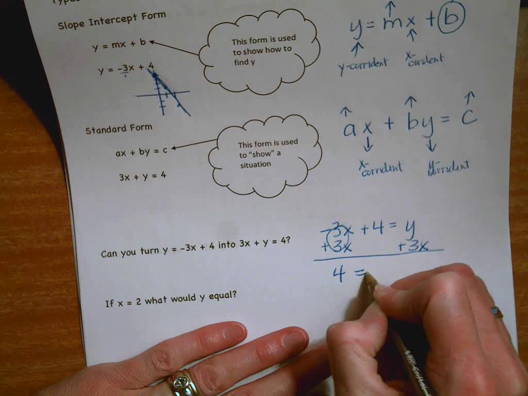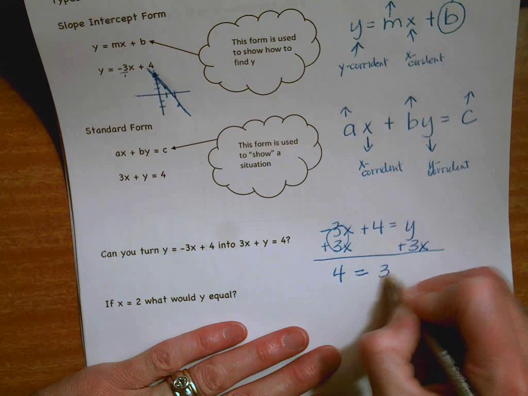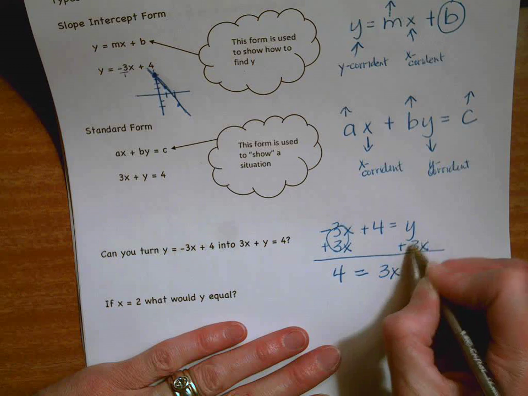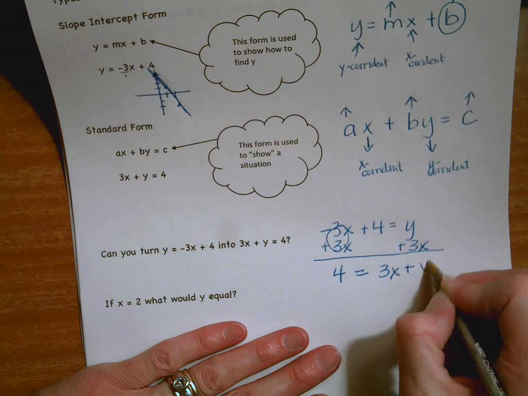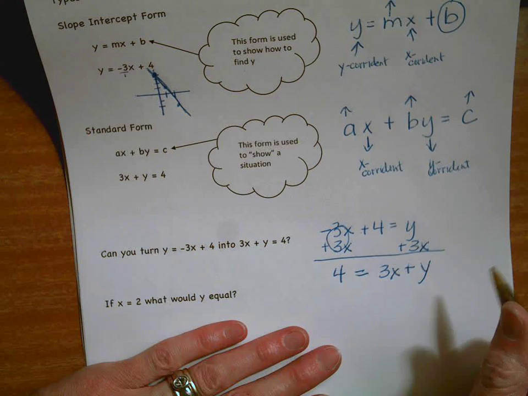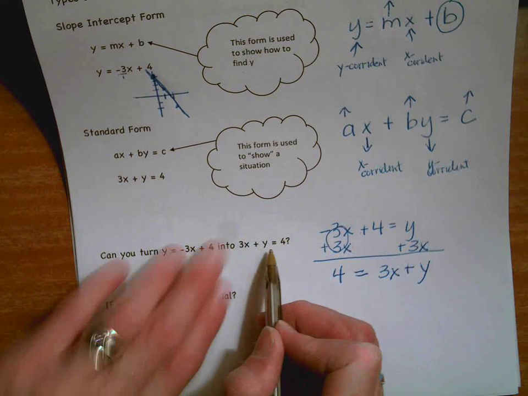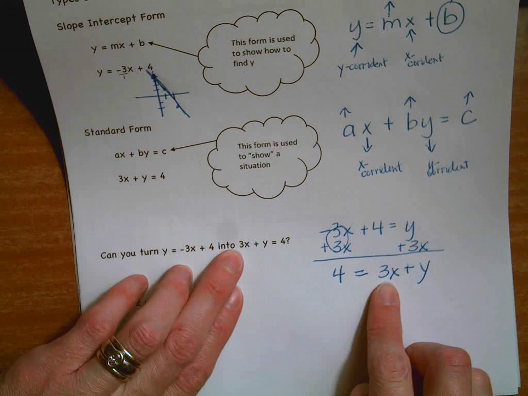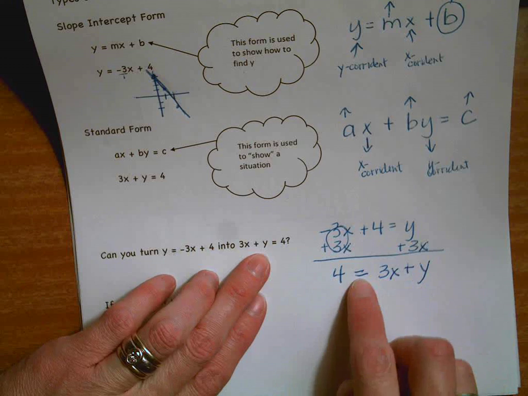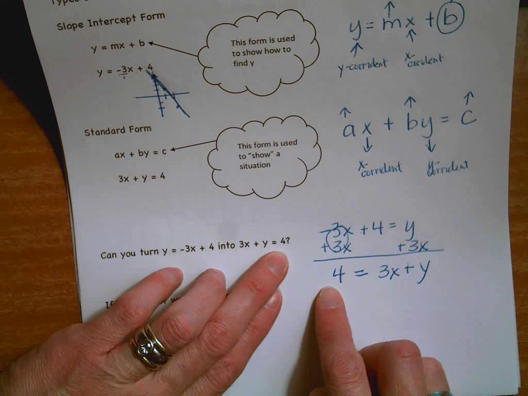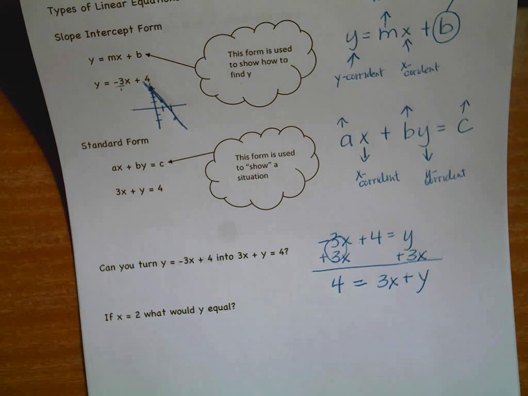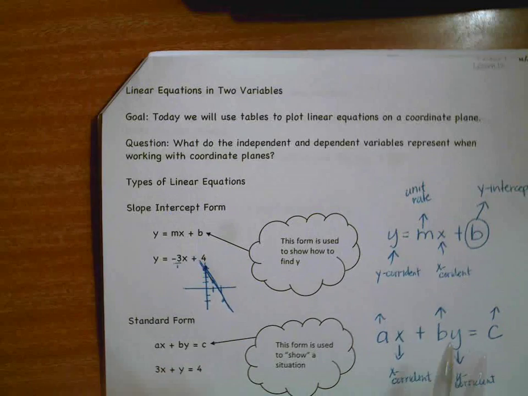So now on this side, we have 4 equals 3x, because we're adding it, plus y. And now let's look. Is this in the same form as this? Look at it. 3x plus y equals 4. So we just did it. We turned it into each other.